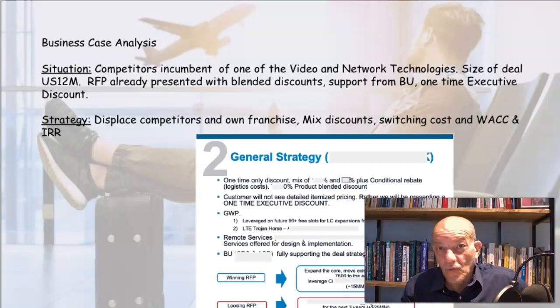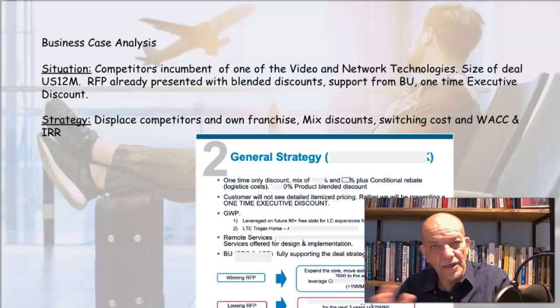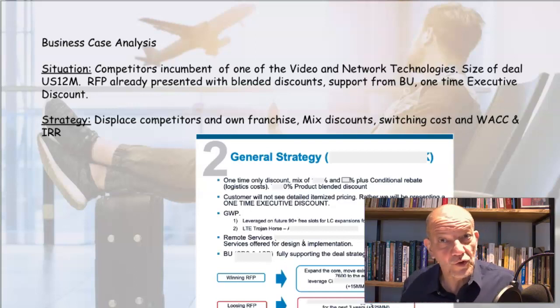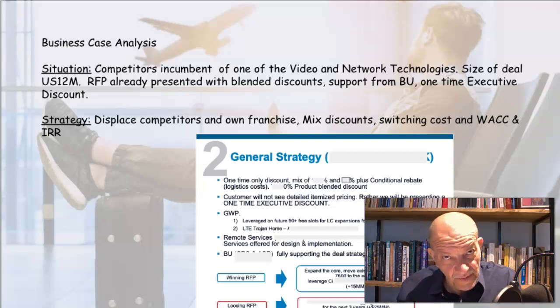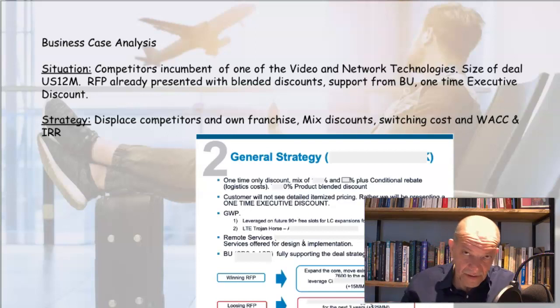So we wanted to enter into that franchise, and the client had issued a request for proposal based on a budget of something like $15 million, and we wanted to win that deal. So our strategy was to put together our product, to heavily discount our product, to put a financial package together, and to do a customer shift displacing our competitors in our favor.